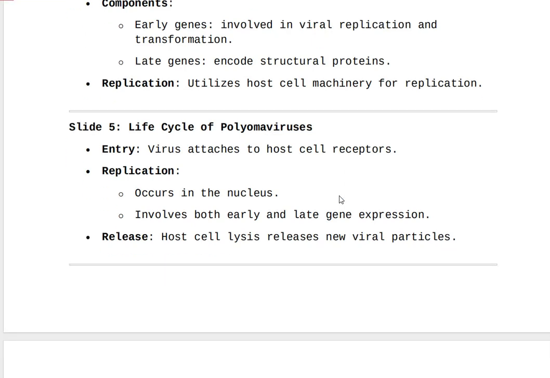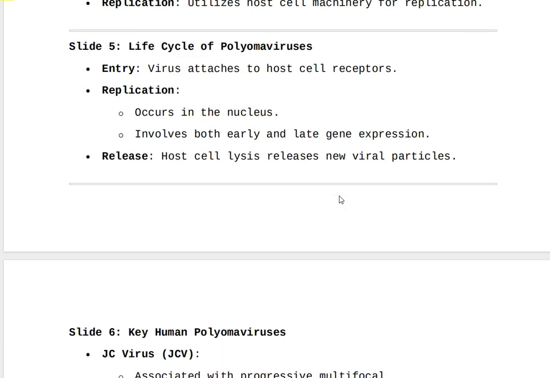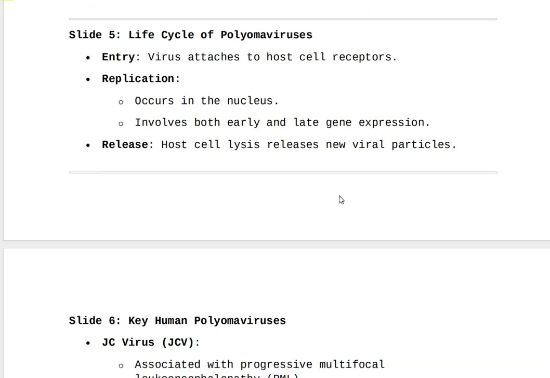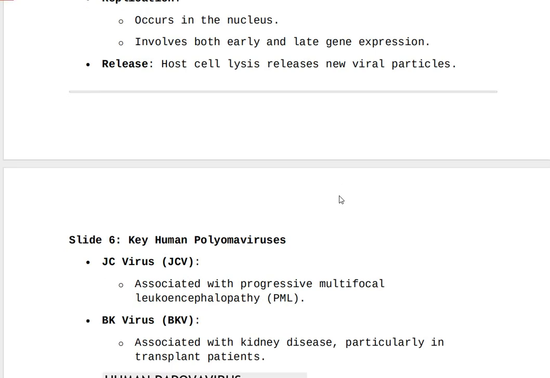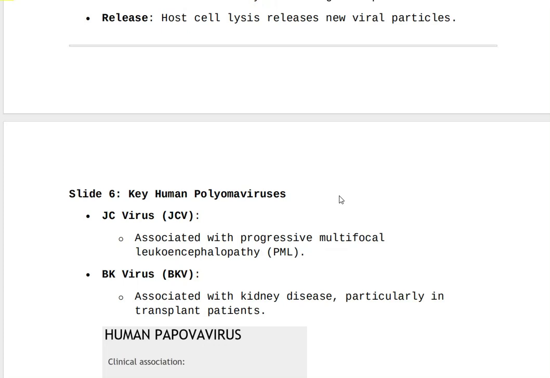Replication relies on the host cell machinery, which means the host cell will be the one to manufacture the DNA. They enter the host cell by receptor, usually at the cell membrane, then replicate inside the nucleus. To release the new virions, it may lead to cell lysis.